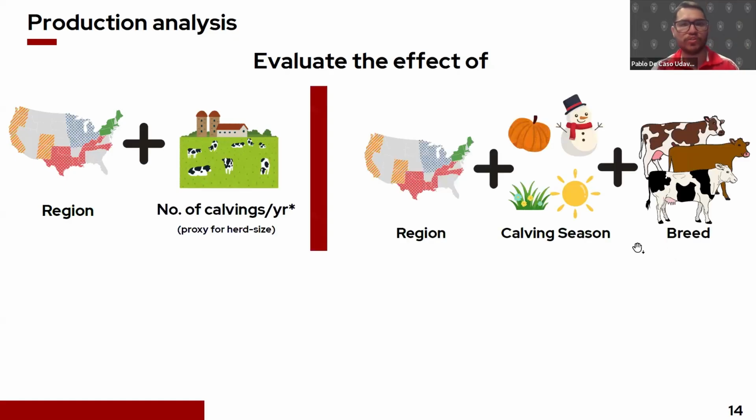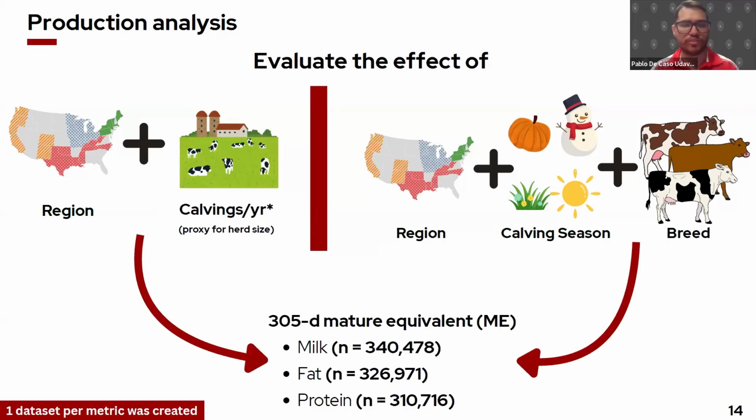And then we also wanted to evaluate the effect of region, calving season, and breed on the following metrics, which are not restricted to the rest of the analysis that we're going to be doing, but for the sake of time, I'm only going to be presenting one of those results. But I just wanted to show you what we're looking into.